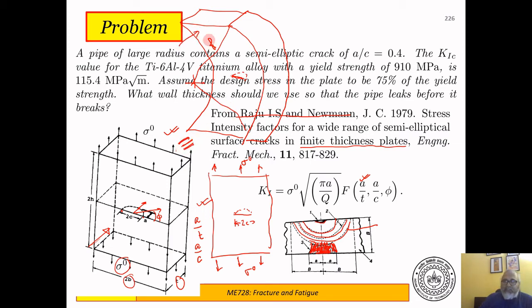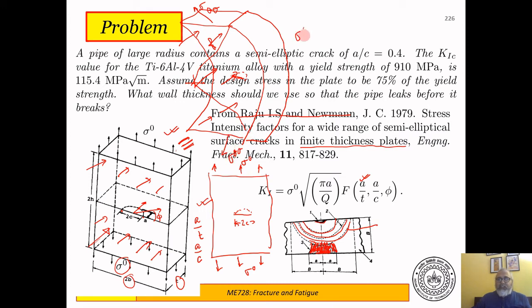The pressure vessel is subjected to pressure from inside. Similarly, this will be subjected to pressure from here, because this actually is a curved plate dressed up as a flat plate because the radius is very large. And then this crack is a mode 1 crack because it's subjected to sigma theta theta at these two ends.